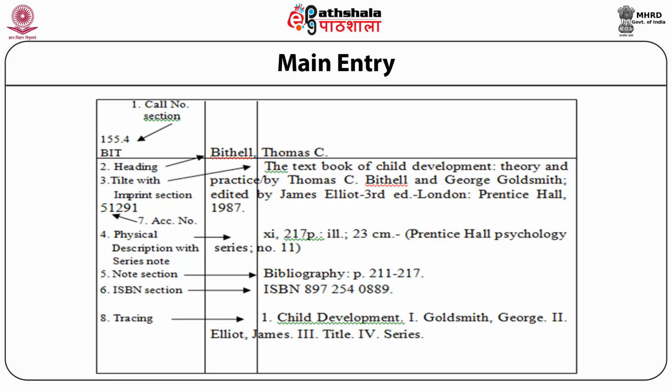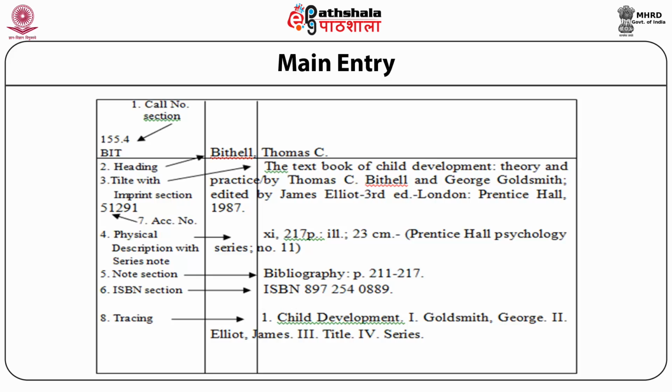Sixth section, ISBN number. It starts from the second indentation, ISBN 897-254-0889. Seventh section, it is given in the margin on the third or fourth line, 51291. It is the accession number section.